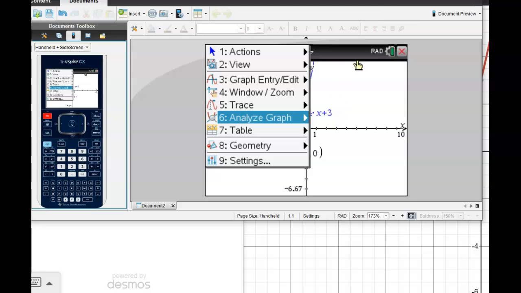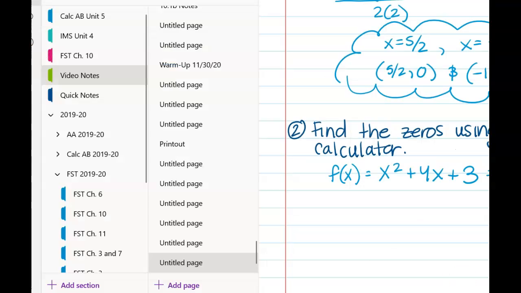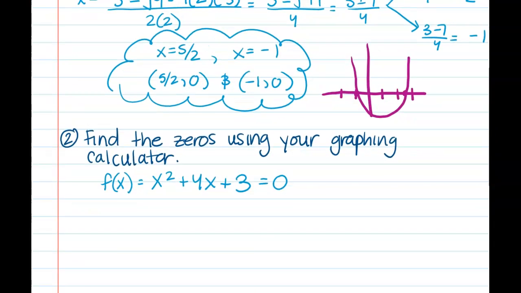Okay? So that's how that works. Either way, we end up, 1 second, sorry, I gotta flip everything around again. We end up with zeros at -1 and -3. Or again, you could write it as (-1, 0) and (-3, 0). Depends what the question is asking.